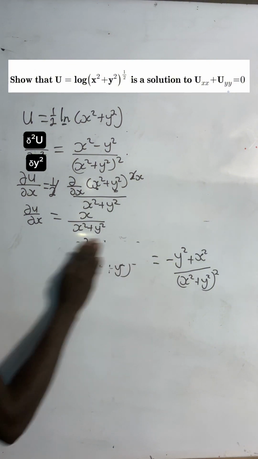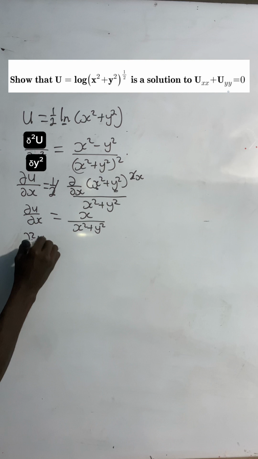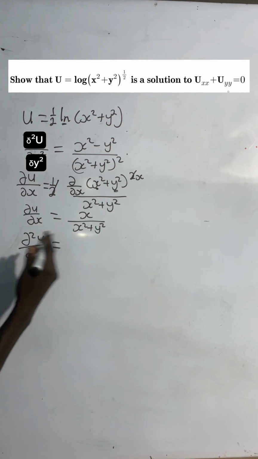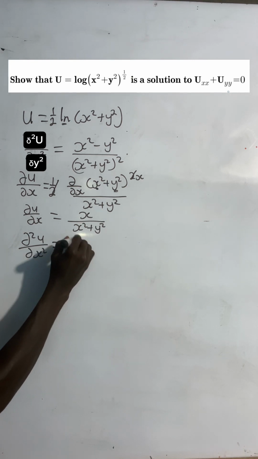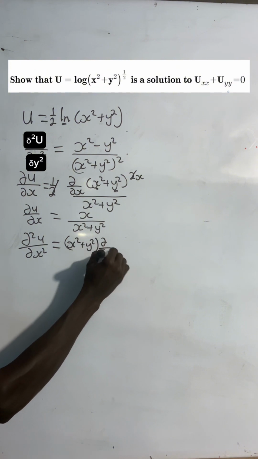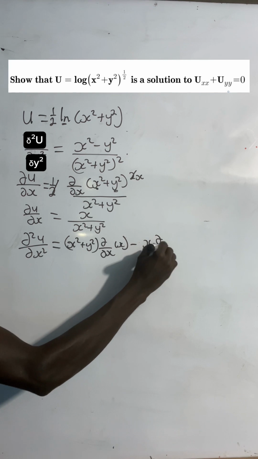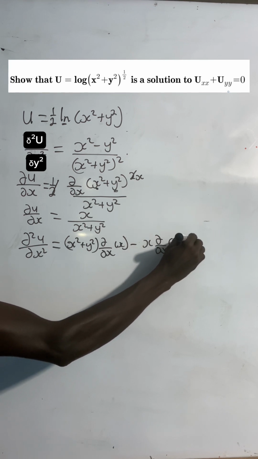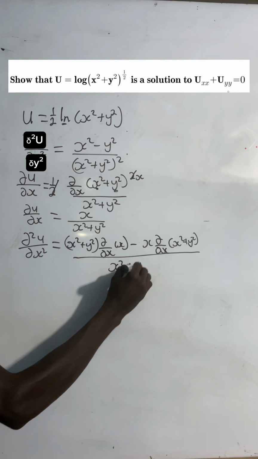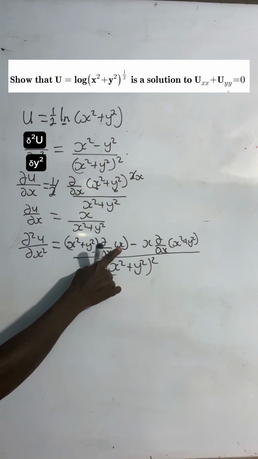We use the quotient rule again. We have del squared u on del x squared equals, we differentiate x partially with respect to x and then multiply it by x squared plus y squared, minus x times the partial derivative of x squared plus y squared, all divided by x squared plus y squared all squared. If we differentiate x partially with respect to x, we get 1.